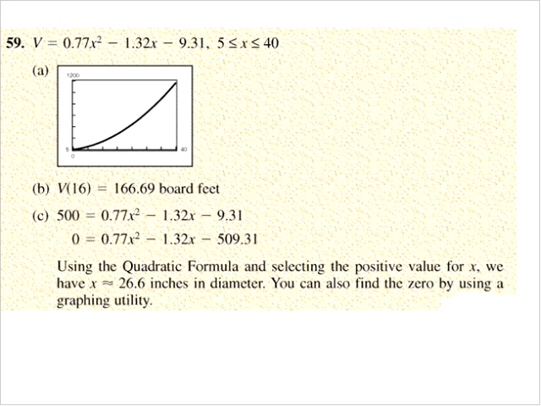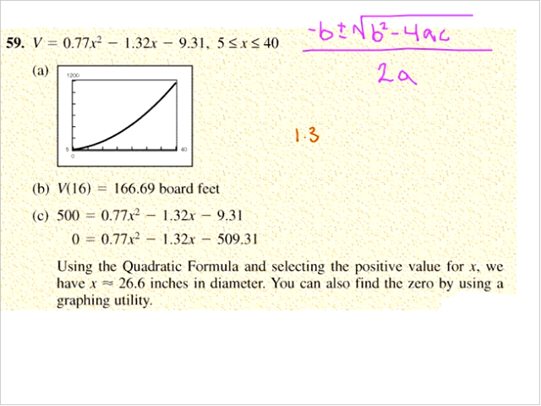And if you don't remember the quadratic formula, remember it's opposite b, plus or minus the square root of b squared, minus 4ac all over 2a. So in our case, we would have 1.32 plus or minus the square root of 1.32 squared.